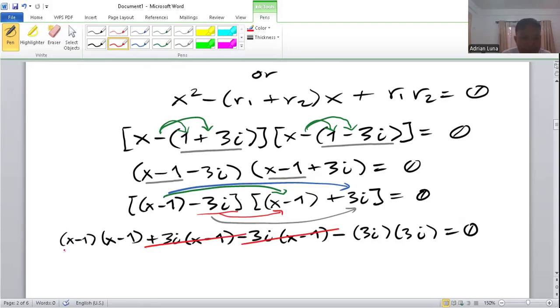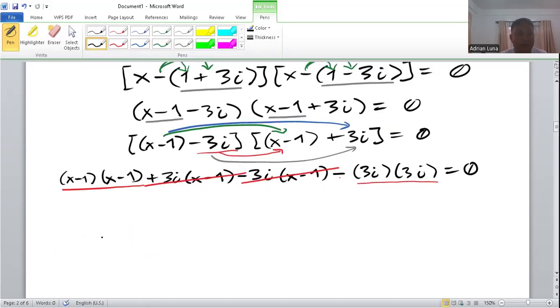And we can simplify this. And also this one, yung minus tapos square nito. So we can simplify this by x minus 1 or the quantity of x minus 1 squared minus square of 3i is equals to 0. Pansinin muna natin tong portion na to.